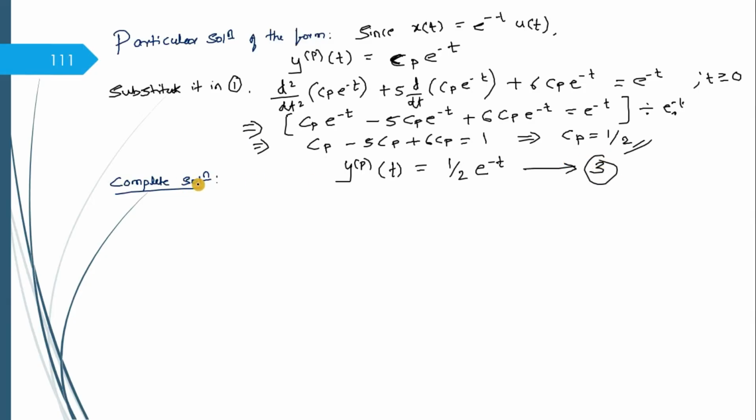Now coming to the complete solution. The complete solution is y of t equal to yh of t plus yp of t. Substitute from equations 2 and 3.